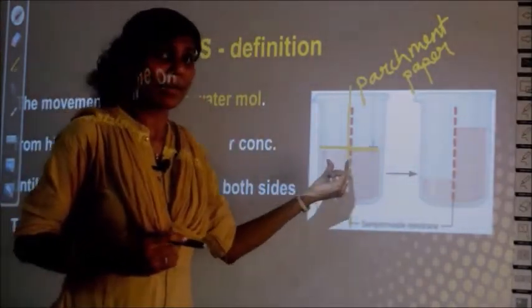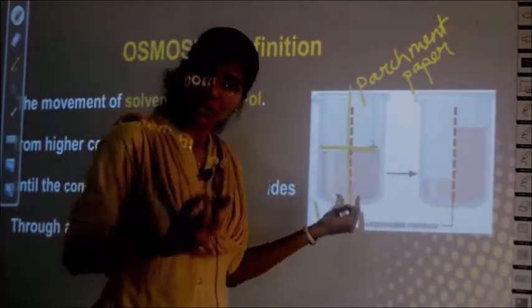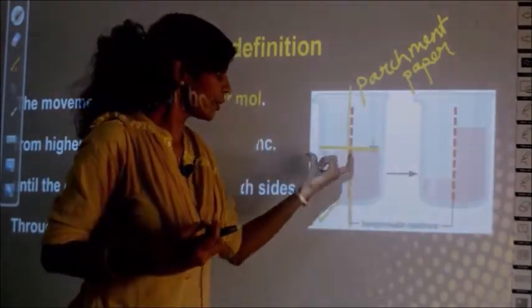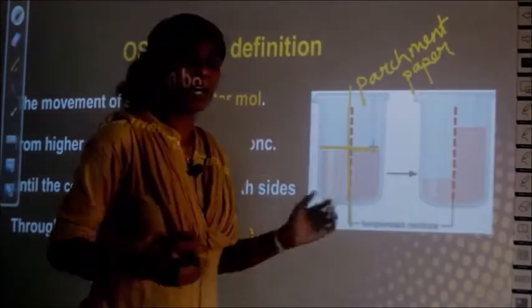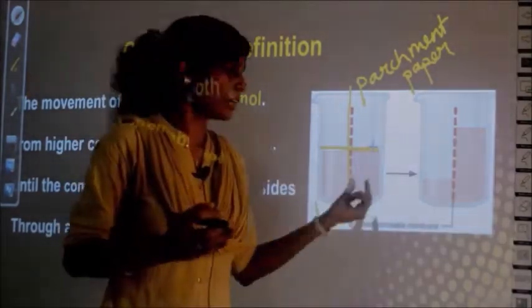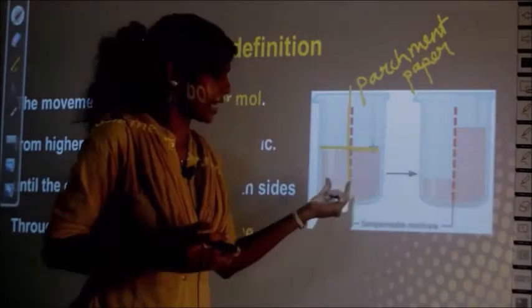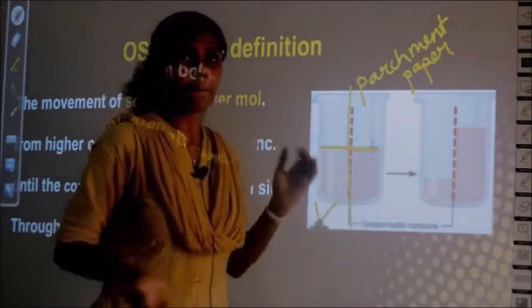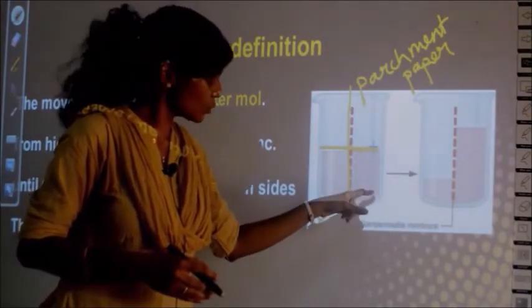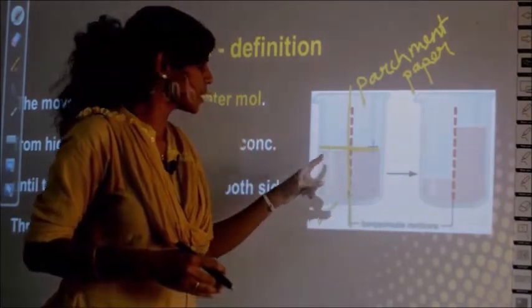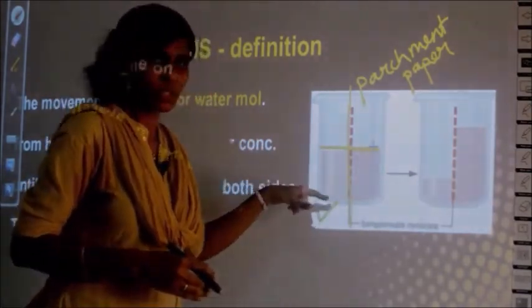Because there are fewer sugar molecules. So I can call that the water is more. But here, this space where water was there is occupied by more sugar particles. So you have less water here. Less water, more sugar particles. More water, less sugar particles.